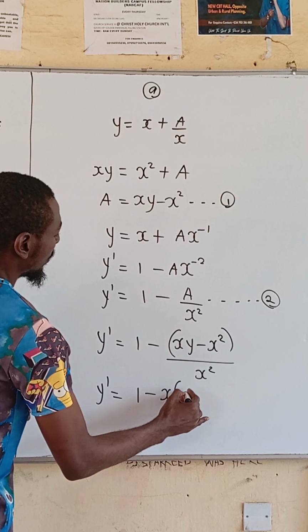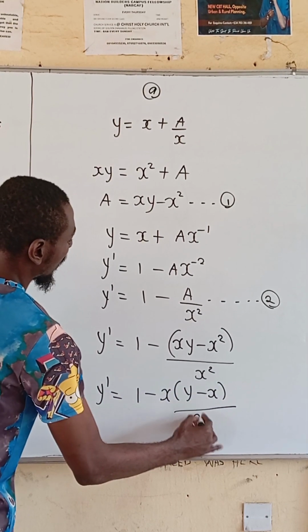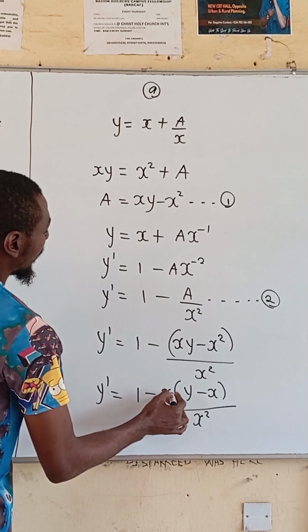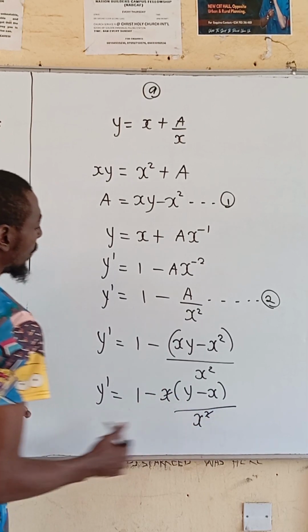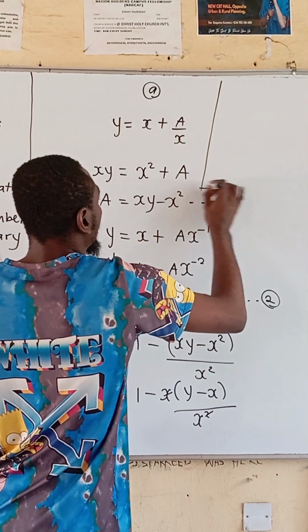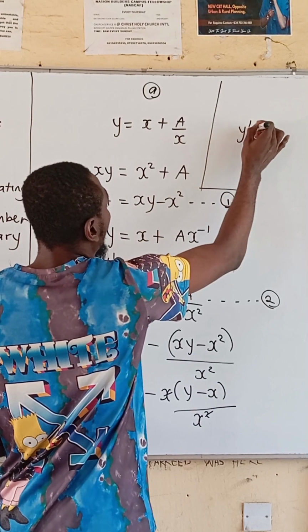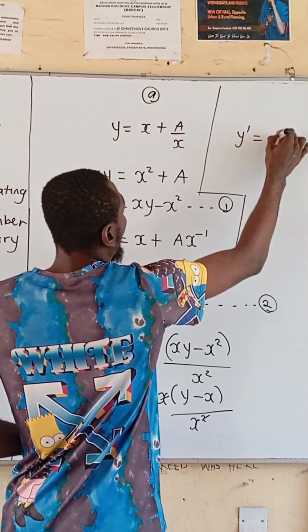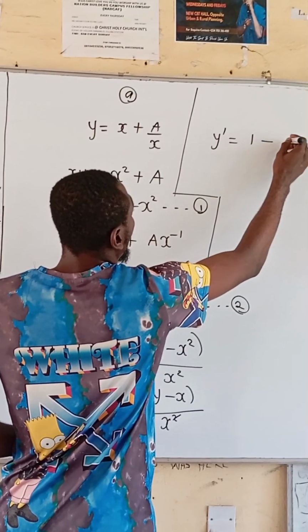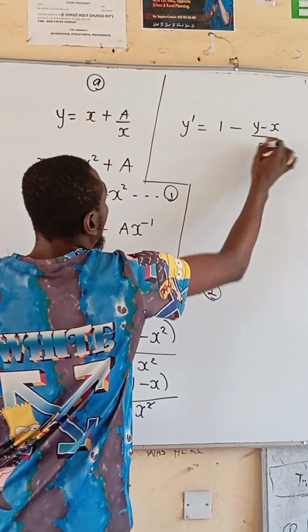We have x into y minus x all over x squared. Definitely 1 x here will take away 1 x, so that what we have left is y prime is equal to 1 minus y minus x all over x.